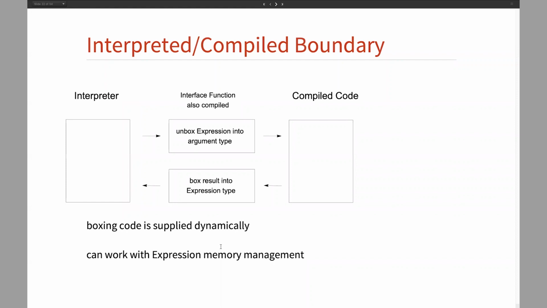If it's not something that it can convert, that's a failure, but it won't do the wrong thing. And then when it's created a result, it converts the result back into an expression. And this code that sits in the middle itself is generated by the compiler, and there are ways of adding your own.